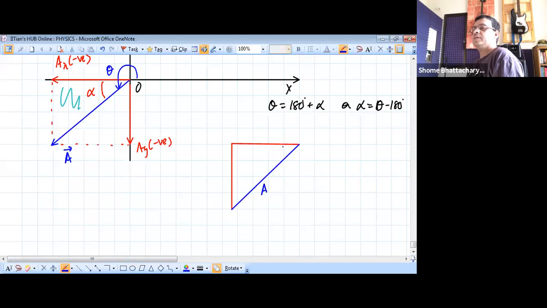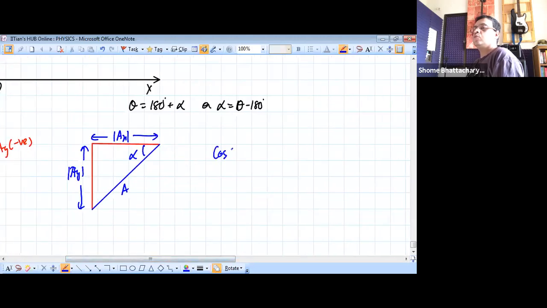This is the magnitude of the vector A. This angle is our alpha. This side as a side length is mod of Ax. This side as a side length is mod of Ey. So again, we are having the trigonometric relationships that cos alpha is equal to mod of Ax divided by E. Or that means magnitude of Ax is equal to E cos alpha. Or that is the same thing as E cos theta minus 180 degrees.